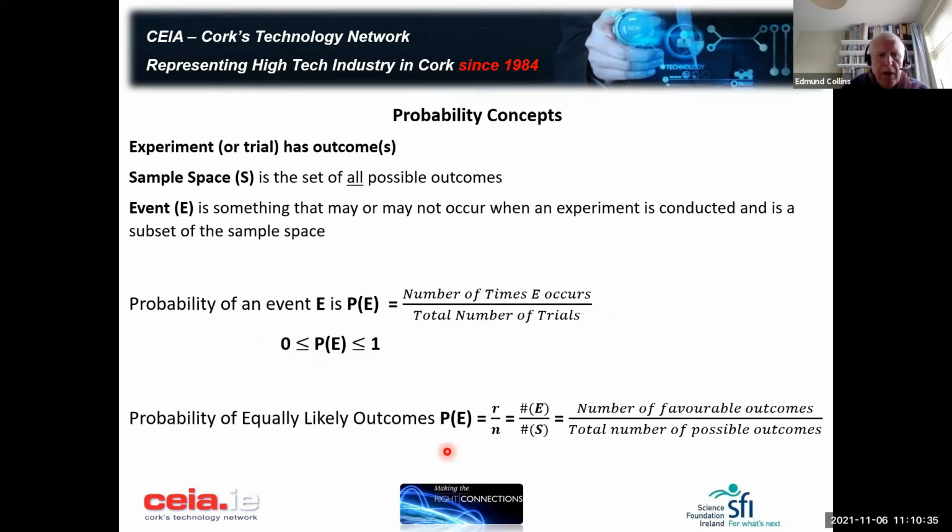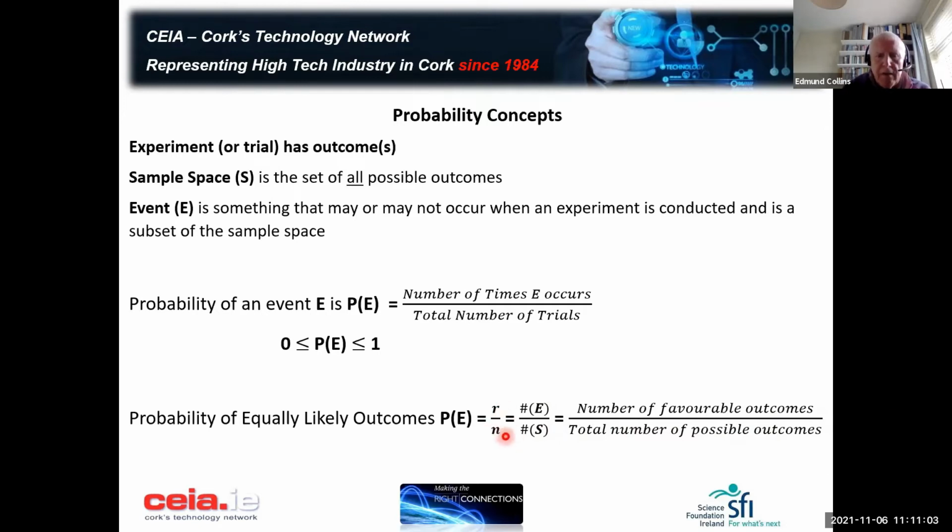So the probability of equally likely outcomes, and this is our designation back to our R and N here, is the number of favorable outcomes over the total number of possible outcomes. So it can be a bit difficult to relate back to our NCR here, but we need to do that really here.